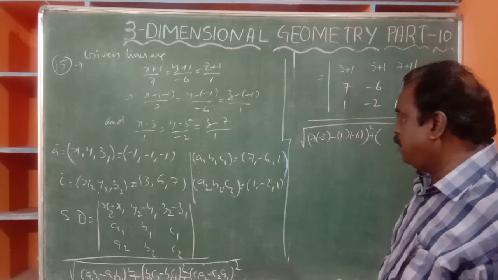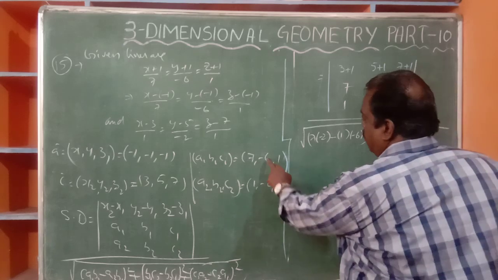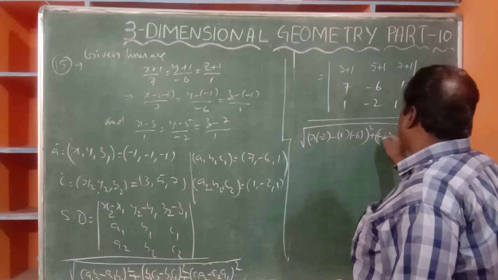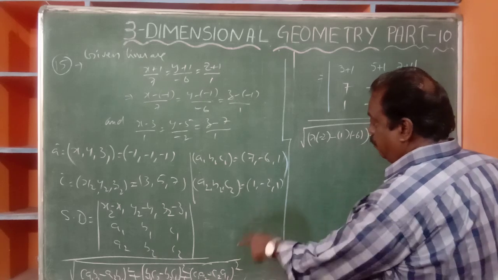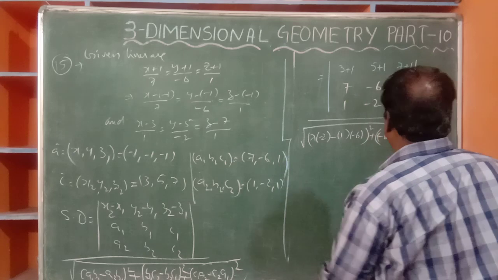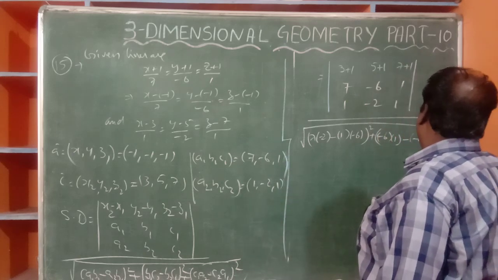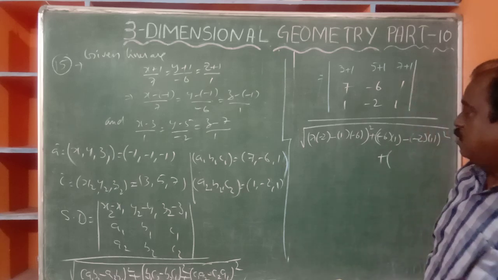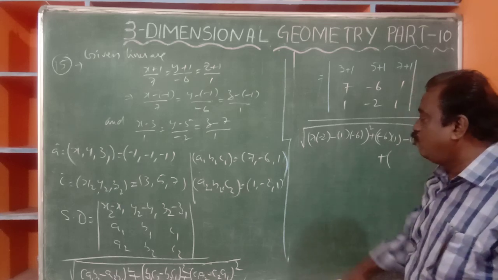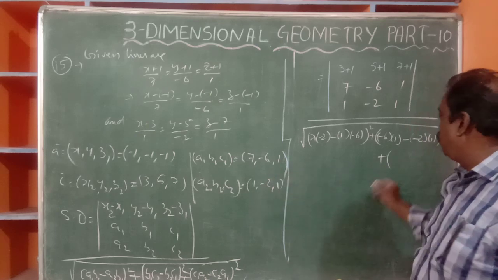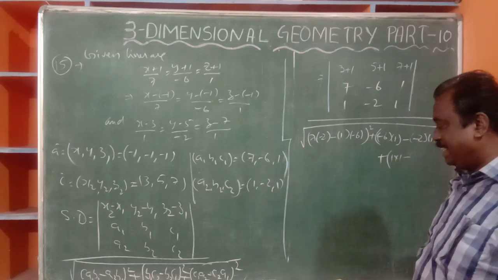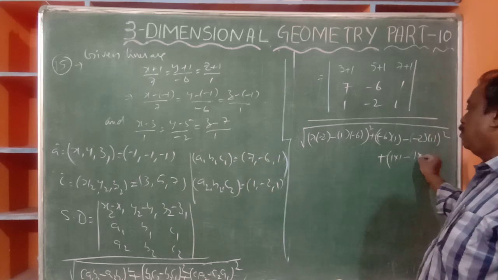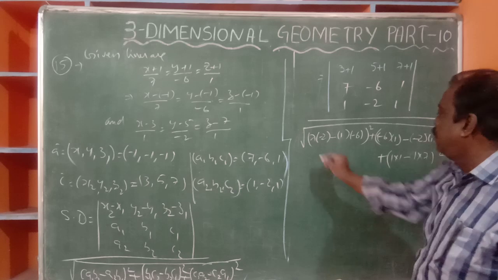Next, b1 c2: minus 6 into 1, minus b2 c1, minus 2 into 1, whole square. Plus c1 a2: 1 into 1, minus c2 a1, 1 into 7, square. Everything is in the root.